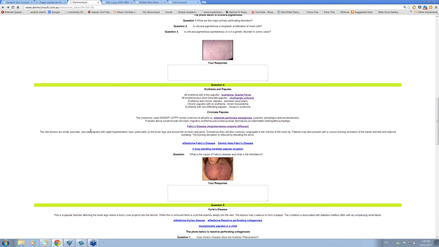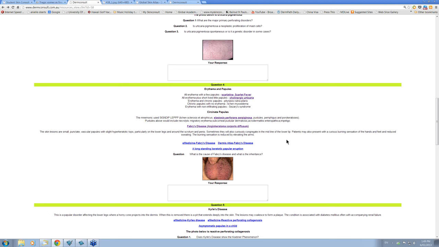But in Fabry's, skin lesions are small punctate, vascular papules, slight hyperkeratotic tops, usually in the lower legs and around the scrotum and penis, and they may curiously congregate in the midline of the lower lip. Patients also present, this was something Ken used to emphasize, with a curious burning sensation of the hands and feet and reduced sweating. And the burning sensation in the hands and feet is reduced by elevating the arms. It's a disorder of lipid deposition in the skin and in nerves.